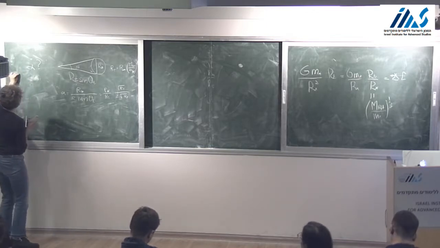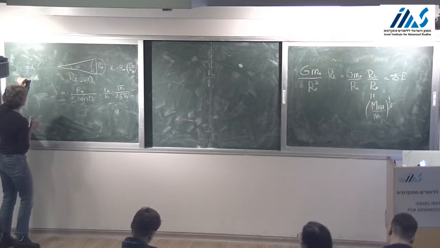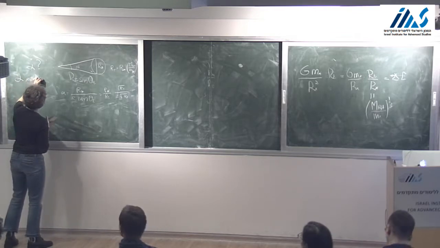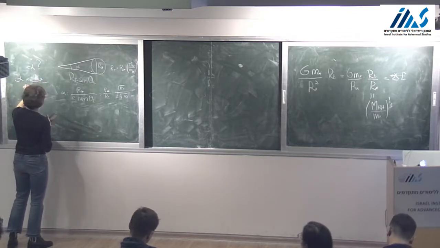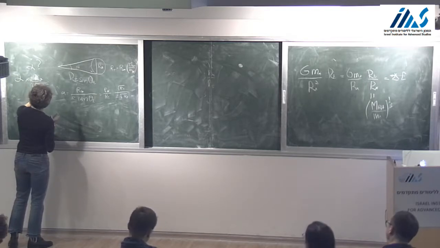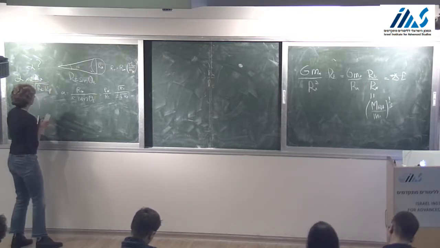So the answer is that alpha is R star divided by square root of RT RP.